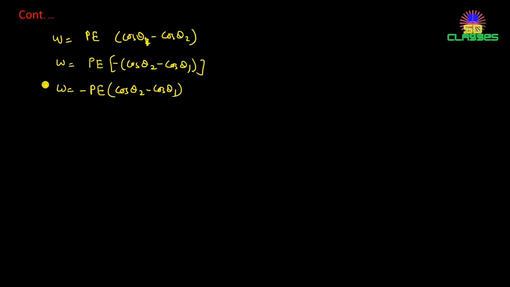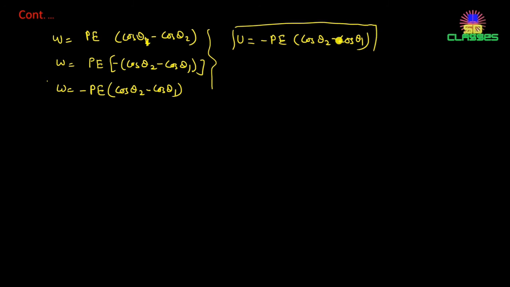This work done is equal to potential energy, right? So U is equal to minus pE (cos theta 2 minus cos theta 1). So this is the potential energy while moving the dipole from an angle theta 1 to theta 2.